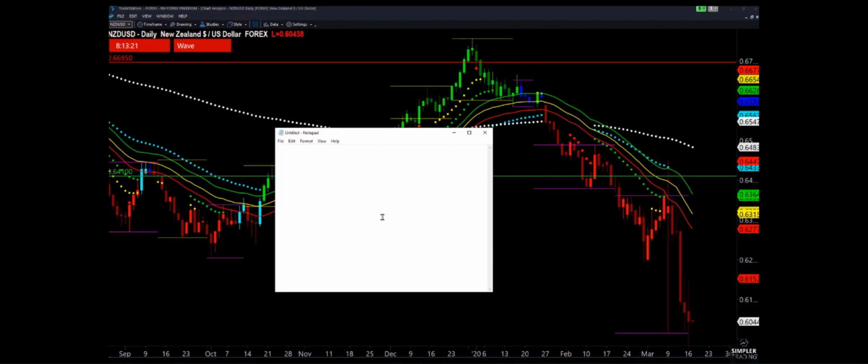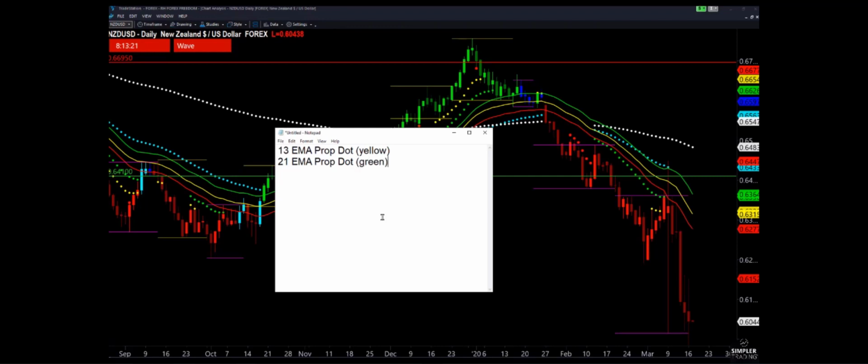So of course, we can look at the 13 EMA prop dots, which is the yellow. We can look at the 21 EMA prop dots, which are right there. That's going to be the green that we look at.